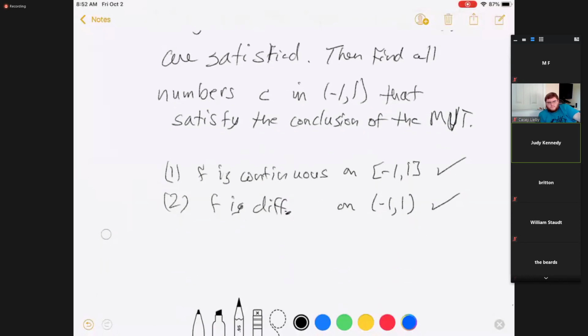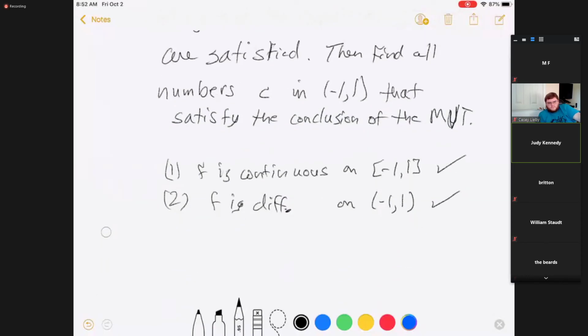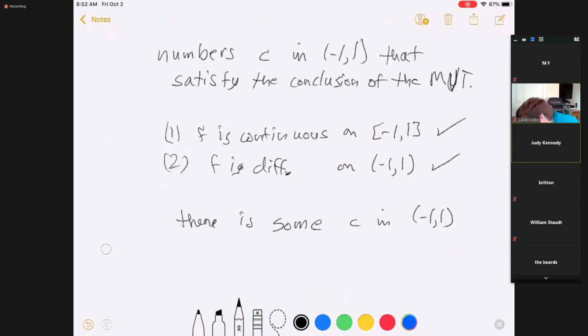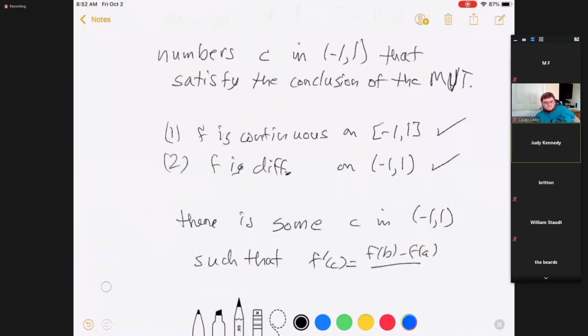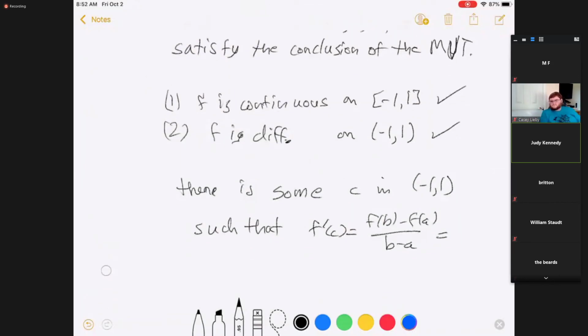Then the mean value theorem says that there is some number C in -1 to 1 such that f prime of C is equal to f of B minus f of A over B minus A. B is 1 and A is -1.